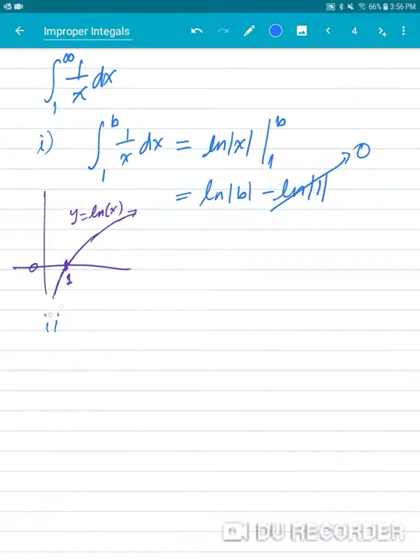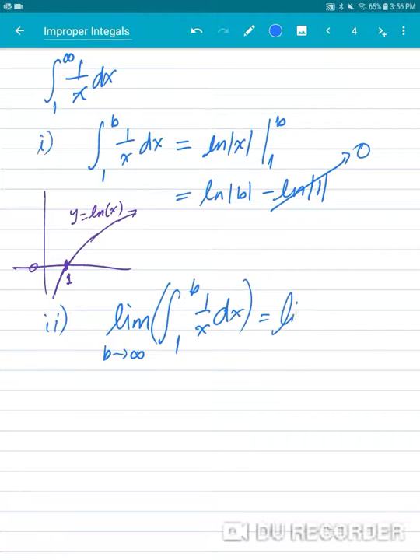Next, I'm going to take the limit of the integral from 1 to b of 1 over x dx as b approaches infinity. In other words, I'm going to take the limit of natural log of b as b approaches infinity. Well, when b goes to infinity, natural log of b, as you can see in this graph, goes to infinity.